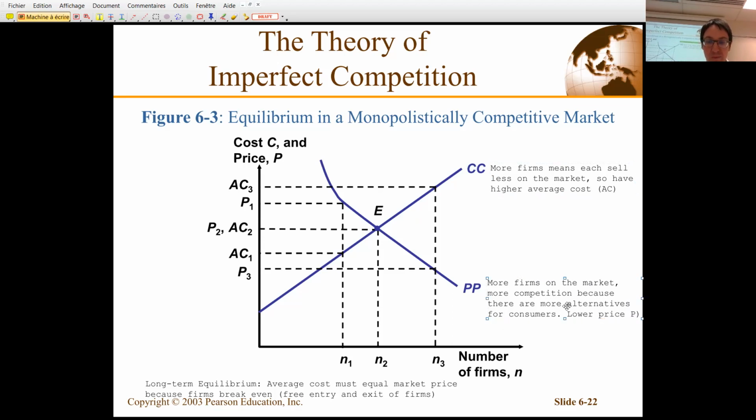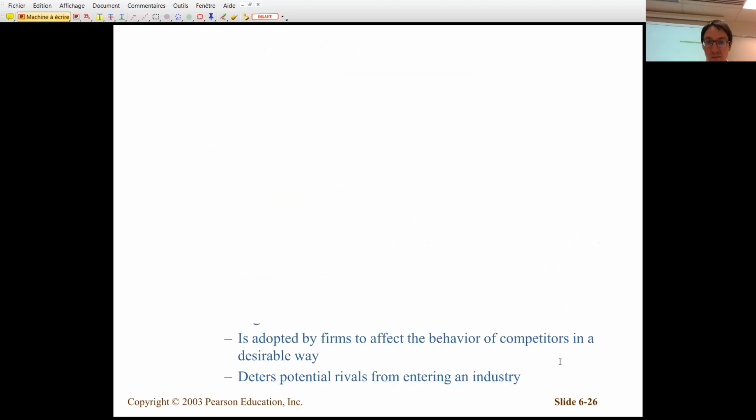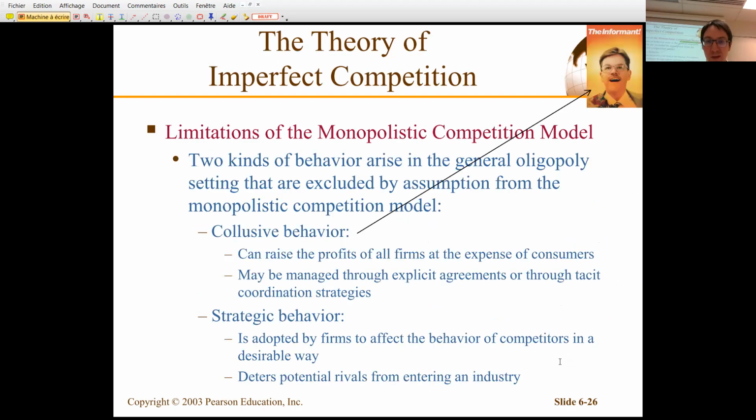Okay. All right, so that's the equilibrium. Here they say some limitations to the monopolistic competition model.